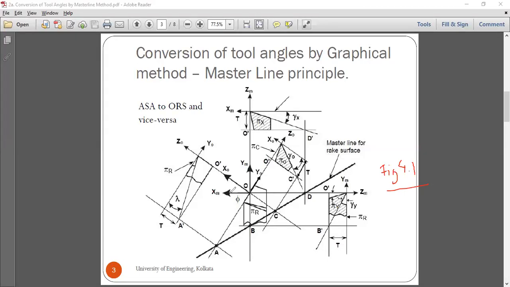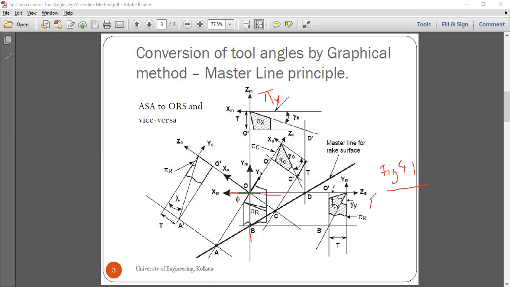In this figure 4.1, we have done a section of the tool along the x-axis, and we have drawn the section in the pi x plane, right? All of us know what the pi x plane is and how the section looks in the pi x plane. Similarly, you draw a section along the pi y plane.